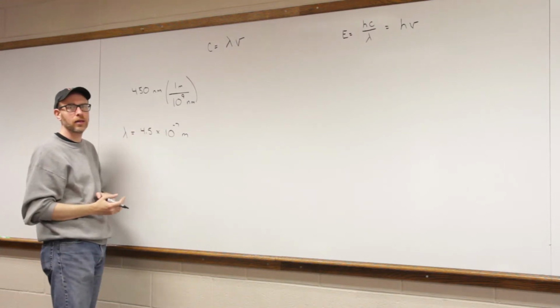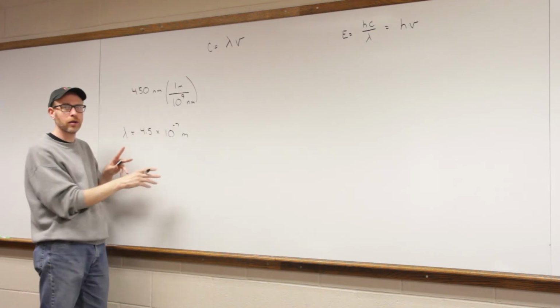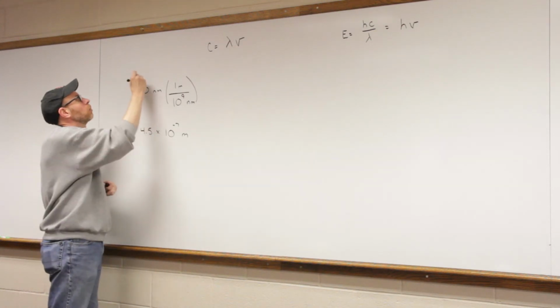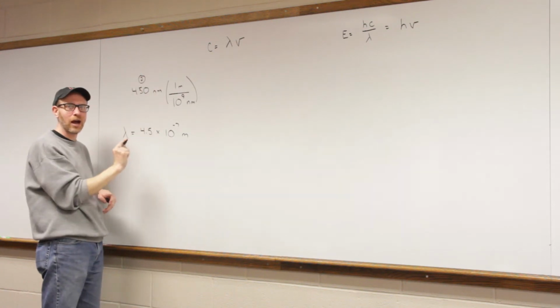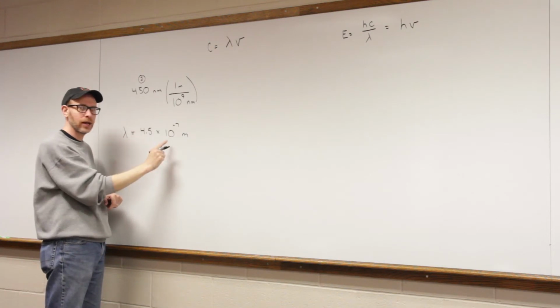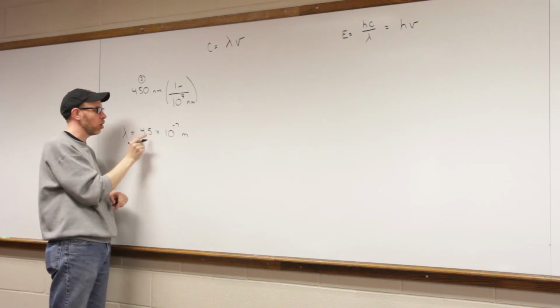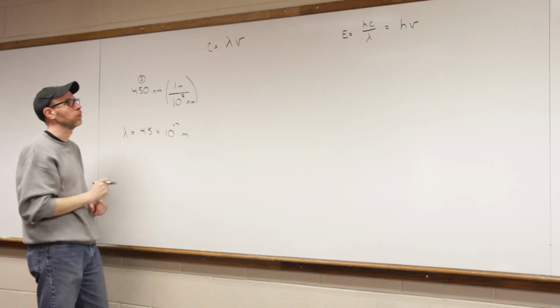And you might say, oh, Dr. Ramsey, you're losing out on a significant figure. But remember, we started here with 450, and that 0 doesn't count. When we write a number in scientific notation, we write only the digits that are significant. So we end up with our 2.